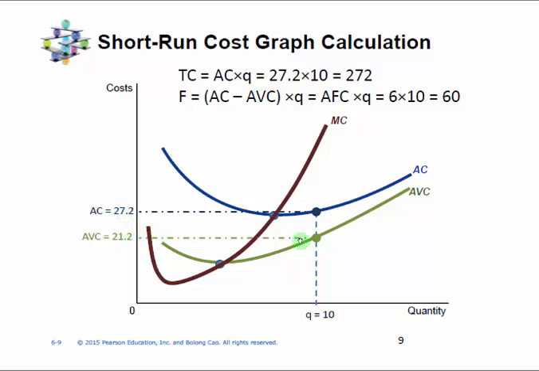And the total variable cost, or just variable cost, is what? 10 times 21.2, you have 212. That's the variable cost here. The average variable cost is 21.2, and because you're producing 10 units, 21.2 times 10 is 212.